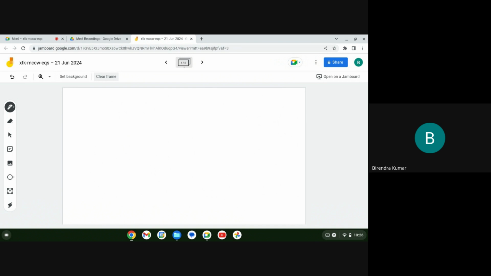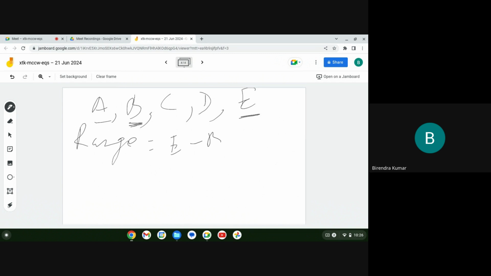So what we have learned so far is, first thing is, if I have, let's say, 3 numbers A, B, C, or 5 numbers, let's say D and E also, the first thing I need to know is range. What is my smallest value and the largest value? Let's say B is the smallest and E is the largest. It'll be E minus B. So whichever is the largest minus the smallest, that is the range.